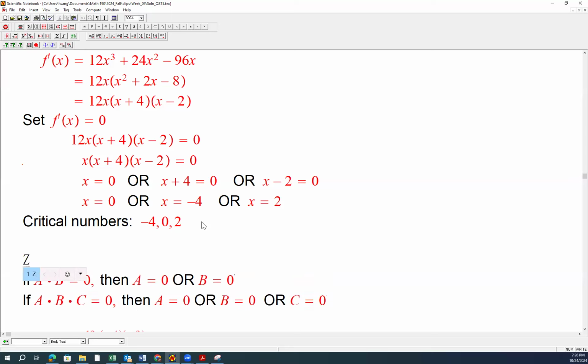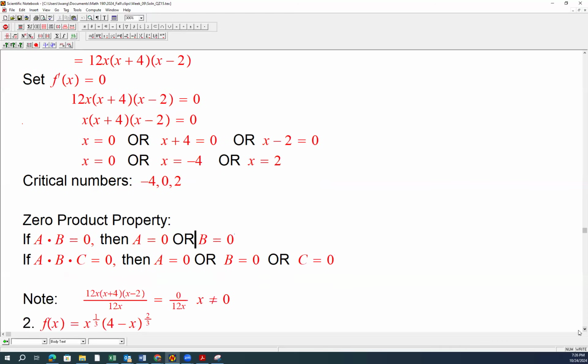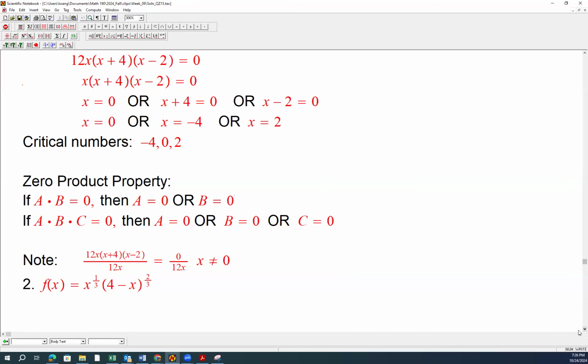The zero product property can be extended if you have 4 factors, A, B, C, D in the product, or 5, 6, 7. For the same reason, this property can be extended to more factors.